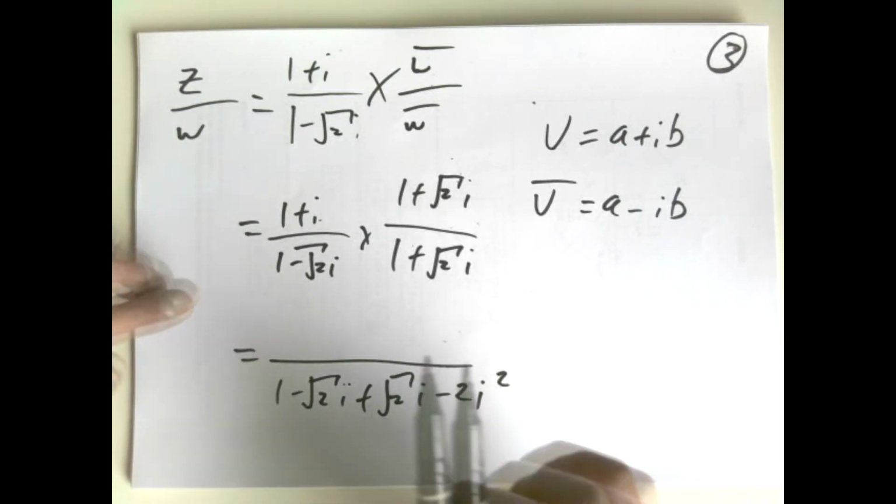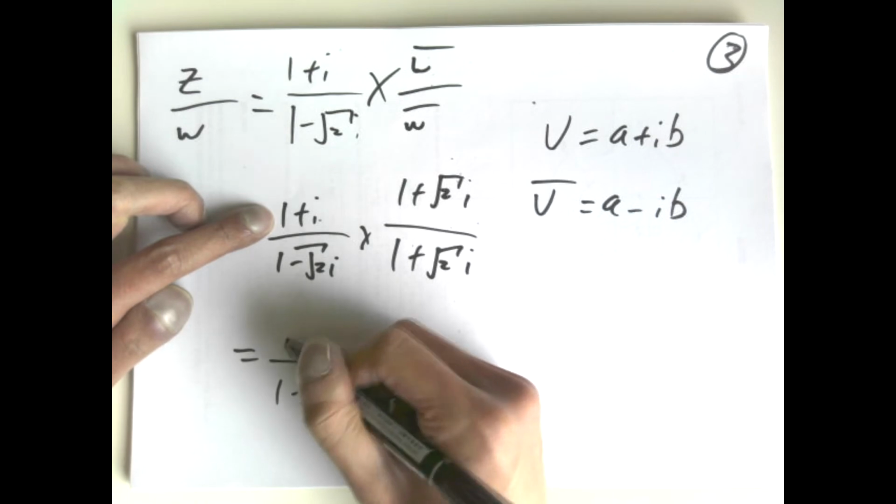We'll simplify this later. For the numerator, 1 times 1.